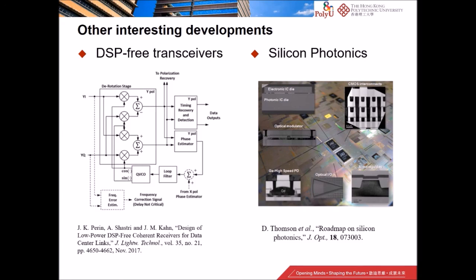It has become one of the biggest areas in short reach communications, where we are now able to integrate a lot of different transceiver components like lasers, modulators, couplers, and everything into a silicon flavor. So that is also a very important development that is relevant to short reach communications.